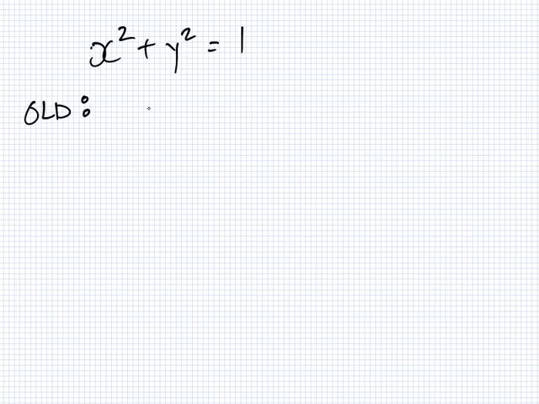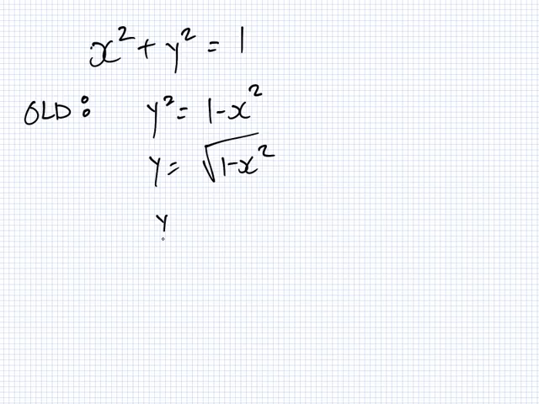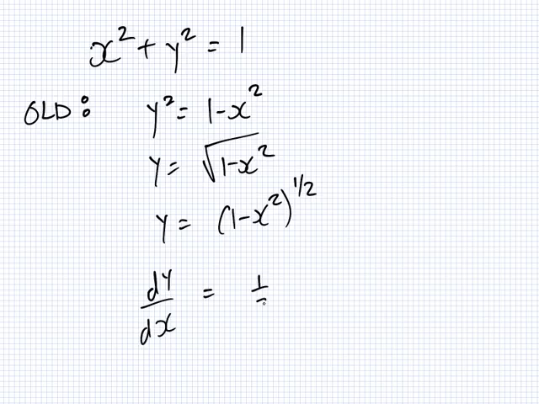You would have to say, well, y squared equals 1 minus x squared, y equals square root of 1 minus x squared, y equals (1 minus x squared) to the power a half, and then you would use the chain rule. dy/dx equals a half, (1 minus x squared) to the minus a half, times minus 2x, and of course there's actually a plus or minus here.